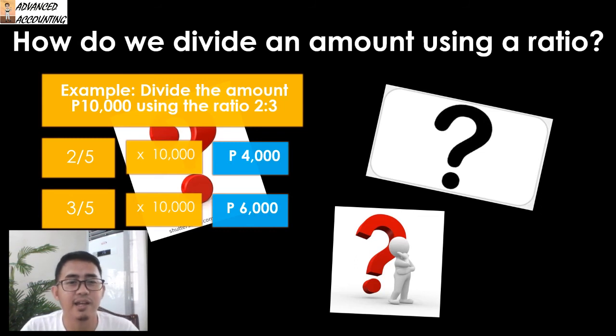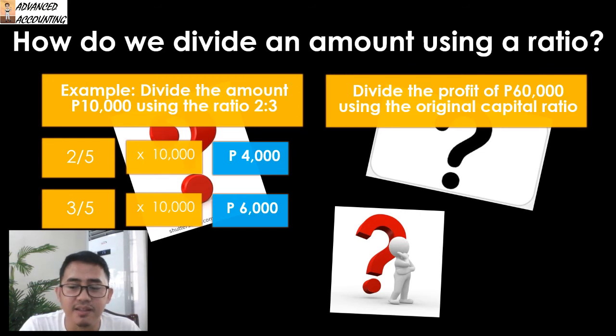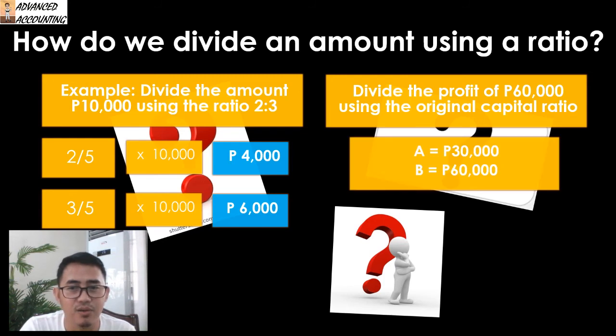So if we divide 10,000 pesos using the ratio 2:3, the first amount will be 4,000 and the second amount will be 6,000. Let us apply this using the scenarios in partnership. So let us divide the profit of 60,000 pesos using the original capital ratio, or the original capital contribution.